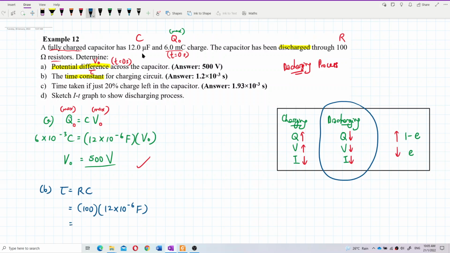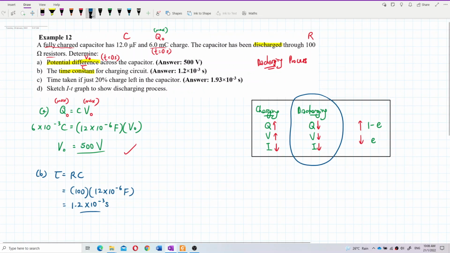So 12 exponent negative 6 multiply 100 gives 1.2 exponent negative 3 second. Okay, so that's my time constant.